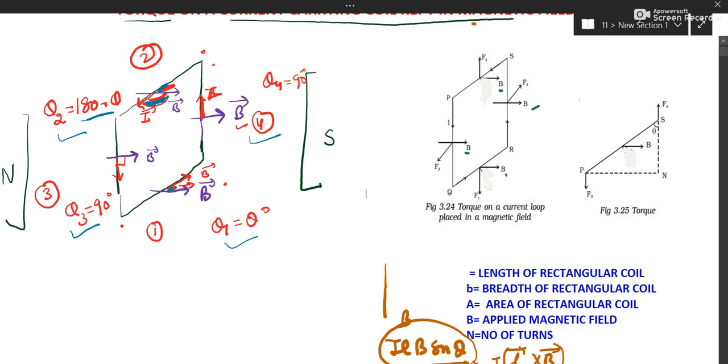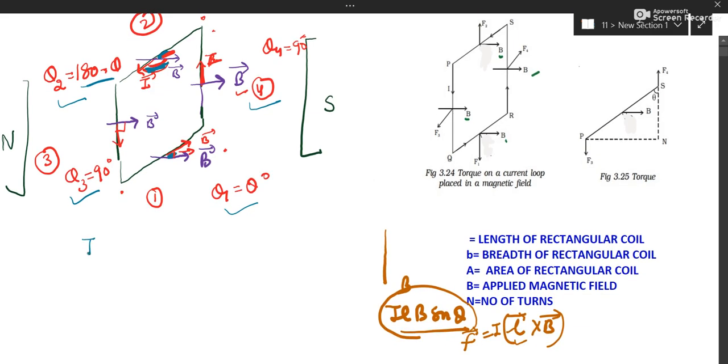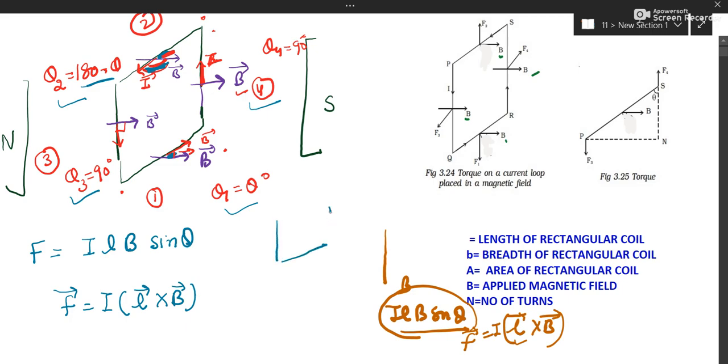Now, because I know that whenever a current carrying conductor is placed in magnetic field, it experiences a force given by this formula, right? This topic is there in the previous video. You can see it and revise it. In vector form, we write like this. So here, all the arms are current carrying wires and they are kept in magnetic field.